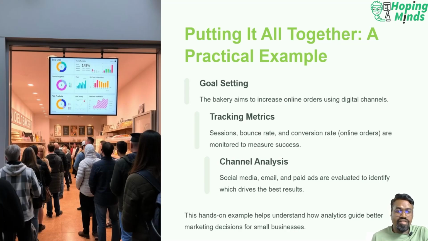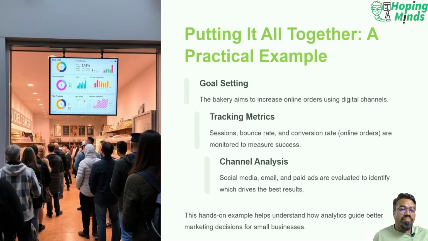All the online orders, right? Are all these things monitored properly for measuring their success? And then we need to also analyze their social media, email, and paid ads to identify which drives the best results. So we need to make sure that all the attribution modeling systems are there for this bakery so that we generate a proper report.